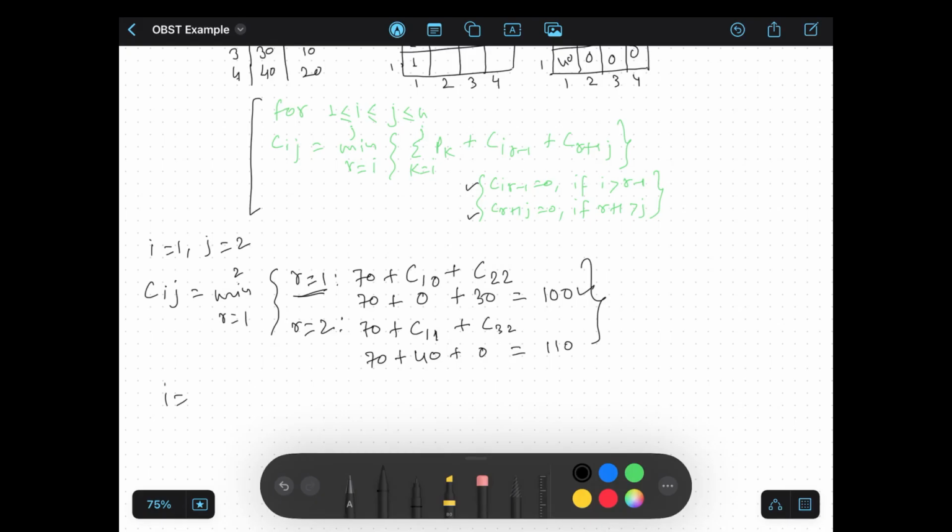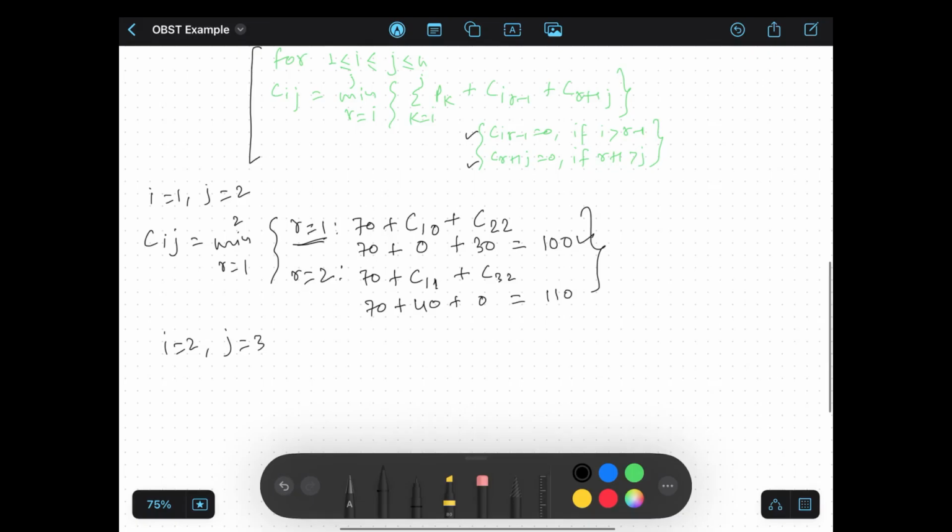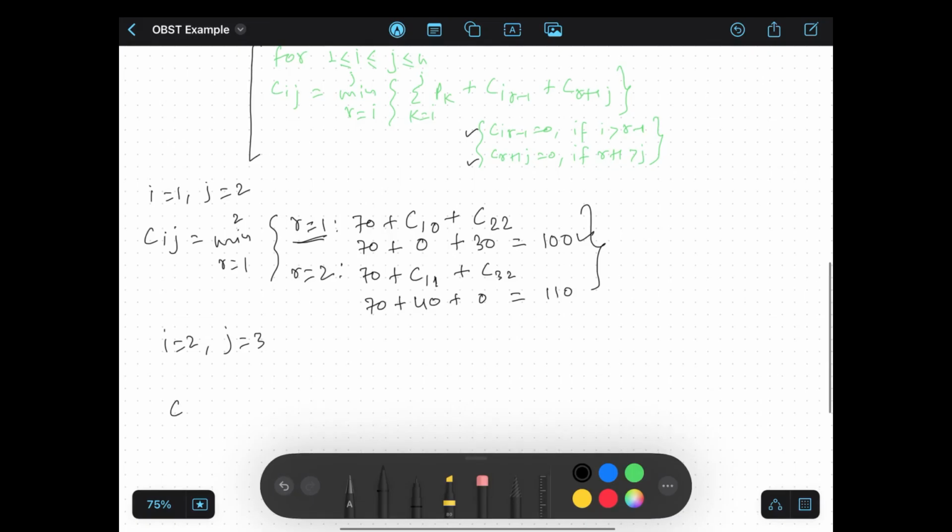Okay. Now the next value we have to find is cost of 2, 3. So for cost of 2, 3, this means i is equal to 2 and j is equal to 3, and cost of ij will be the minimum over r equal to 2 to 3, so r is equal to 2 and r is equal to 3.